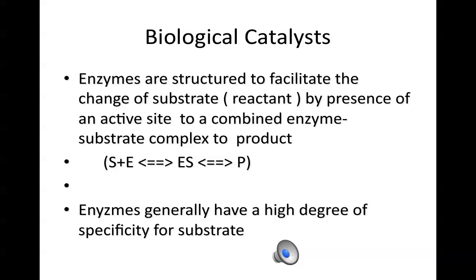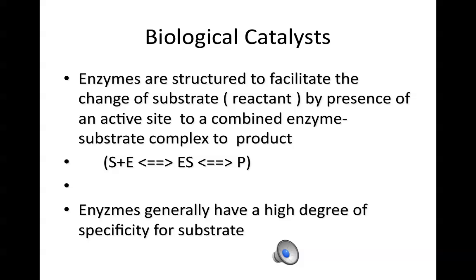With an enzyme catalyzed reaction, we change the word reactant to substrate, and we modify the word product to end product. When we use those specific terms, then we automatically know this is an enzyme catalyzed reaction.